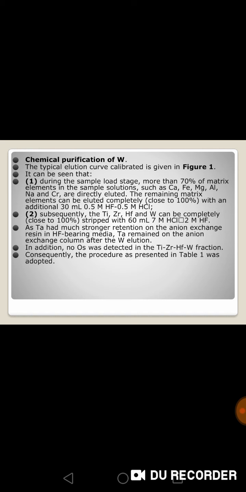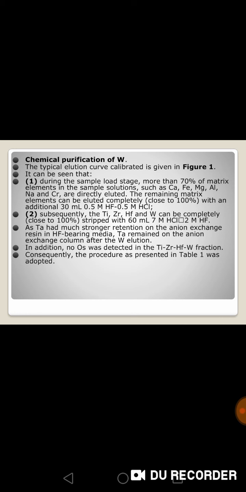In the first step, during the sample load stage, more than 70% of matrix elements in the sample solution, such as the different elements that we have discussed earlier, like calcium, iron, magnesium, sodium, chromium, etc., are directly eluted first, and the remaining matrix elements are diluted completely with an additional 30 ml of 0.5 molar HF and HCl solution.